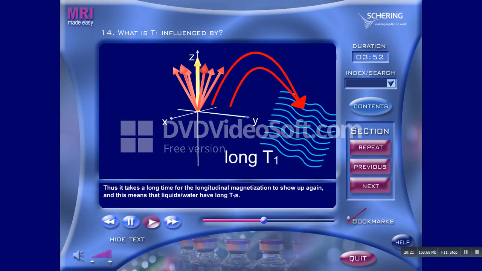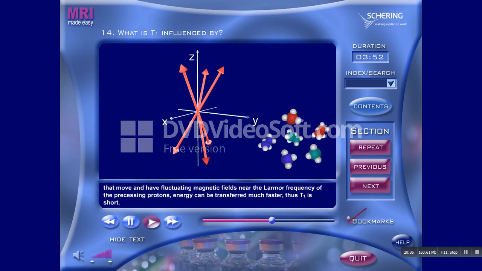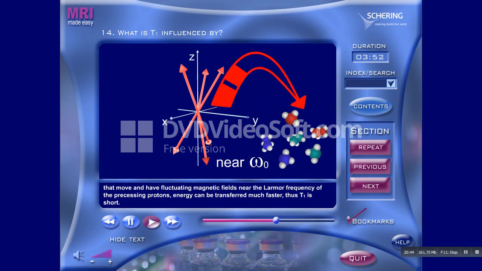When the lattice consists of medium-sized molecules, most body tissues can be looked at as liquids containing various sized molecules, kind of like a soup, that move and have fluctuating magnetic fields near the Larmor frequency of the precessing protons. Energy can be transferred much faster. Thus, T1 is short.